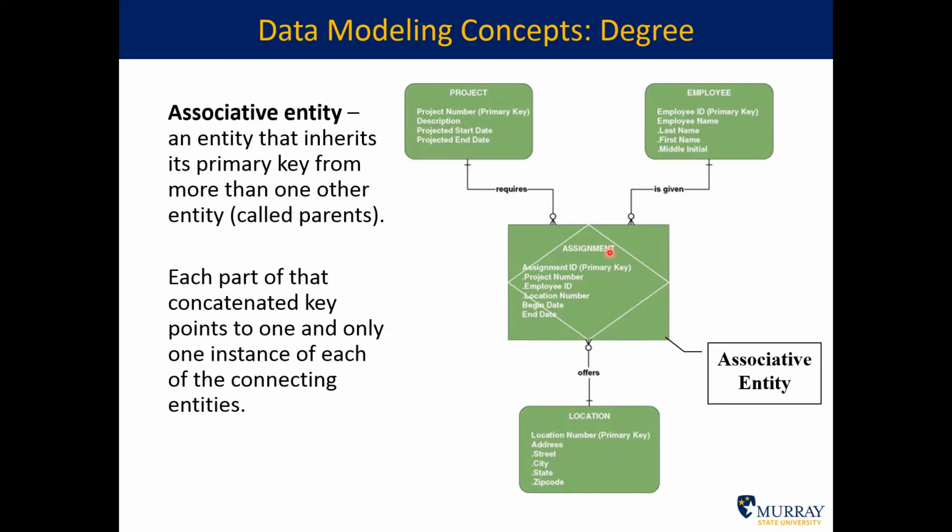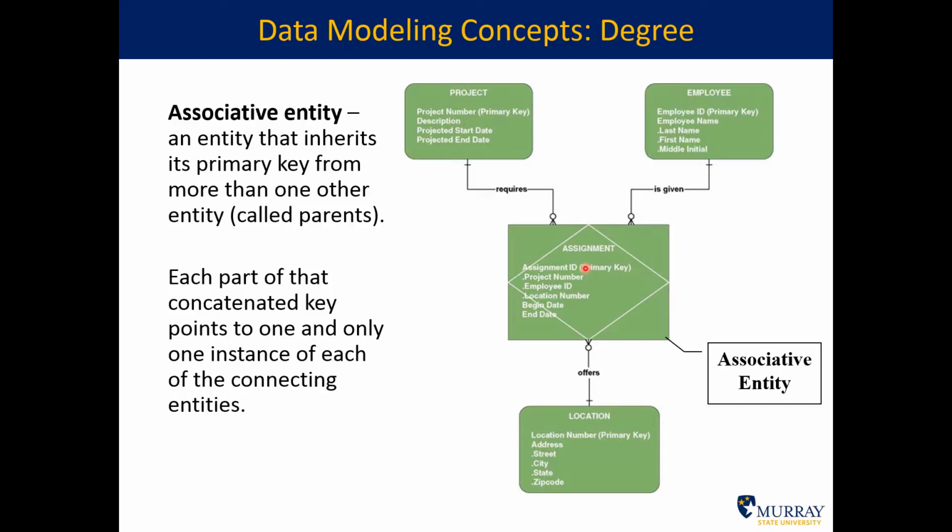The other thing worth mentioning is that the reason we know that this entity, assignment, is an associative entity and that it links those three entities together is not because of this sign. I mean, although the notation used here helps us to see that this is an associative entity, we see that this is an associative entity linking the following three entities because this entity, assignment, has the so-called compound primary key.